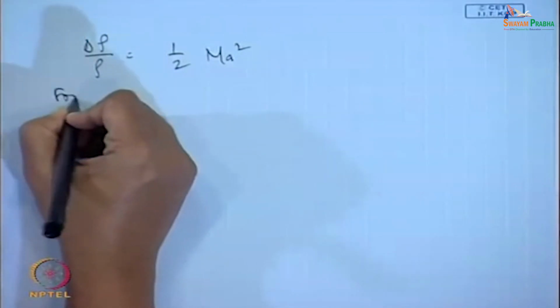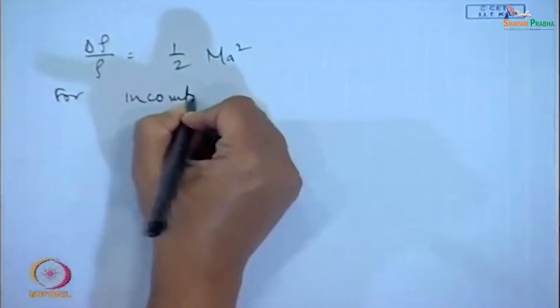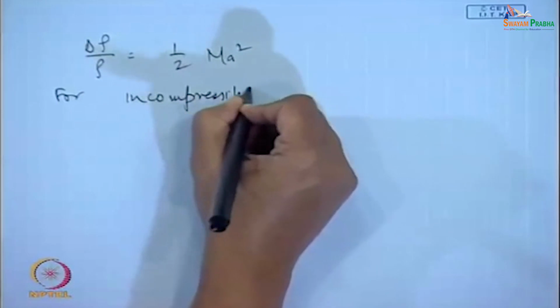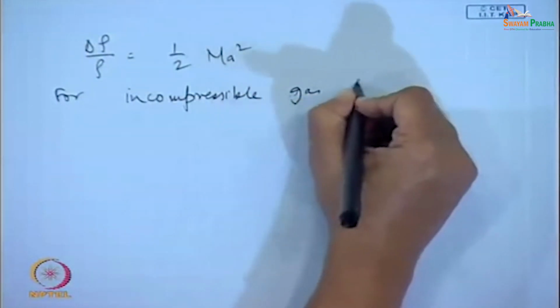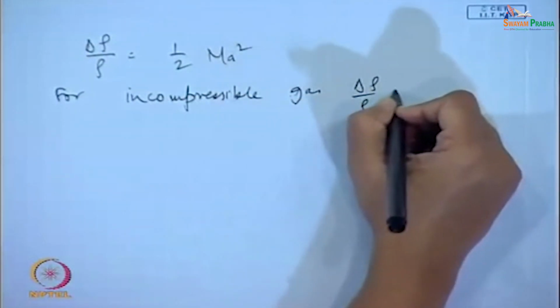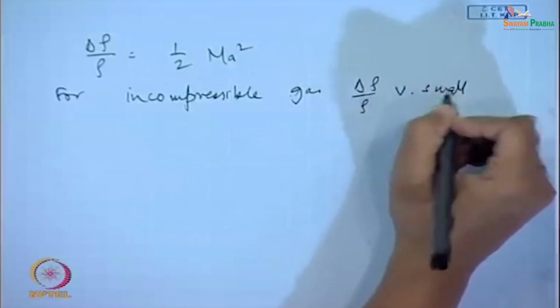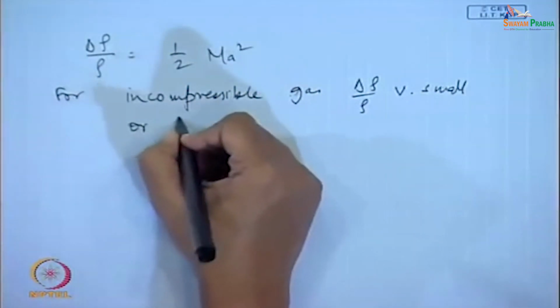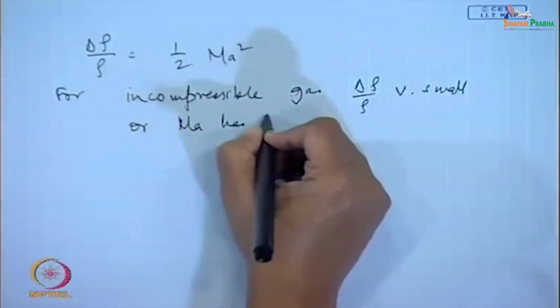Agreed? So, therefore, we know that for incompressible flow or for incompressible gases, delta rho by rho has to be very small, or Mach number has to be very small.